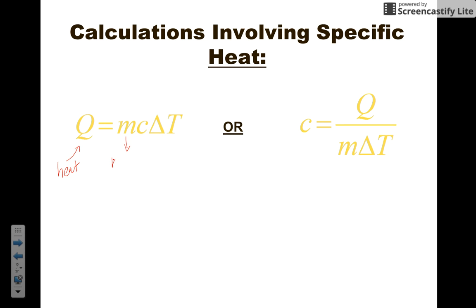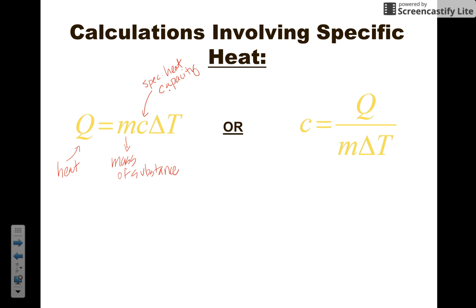M is the mass of the substance. C is your specific heat capacity, and it is a constant.